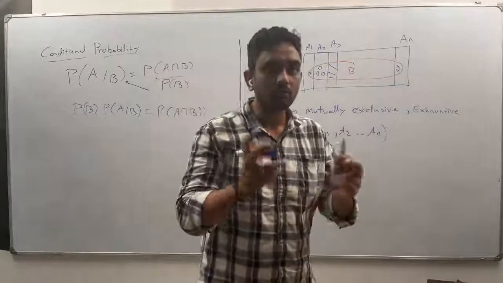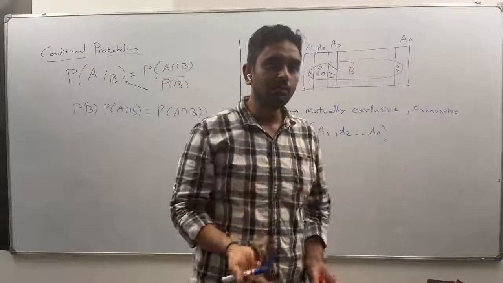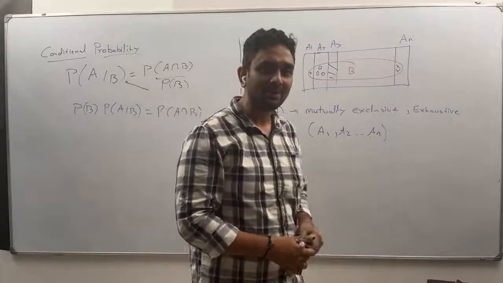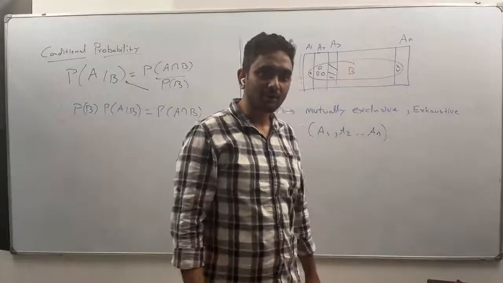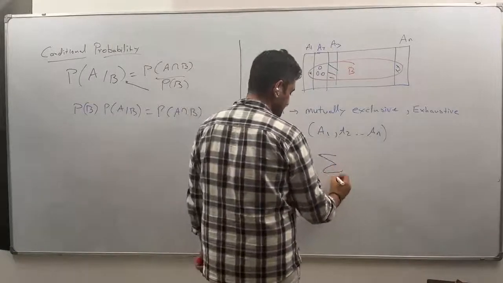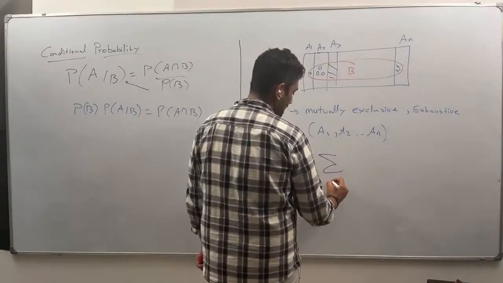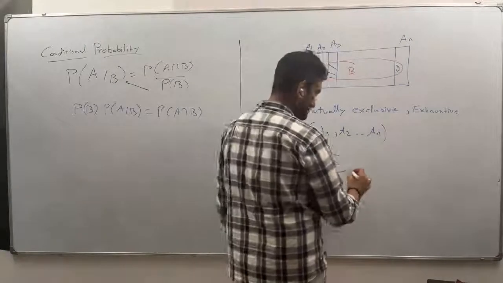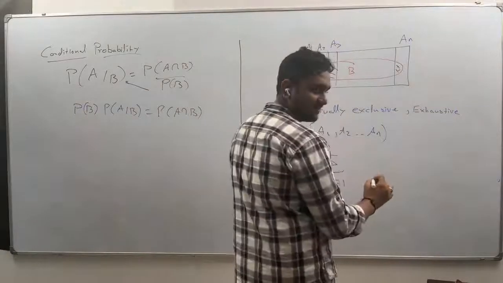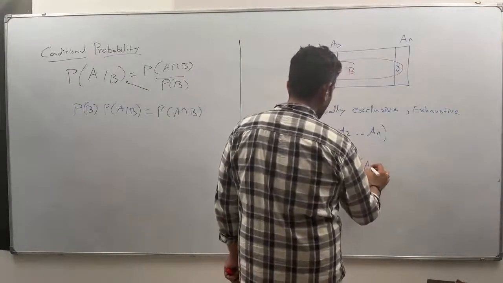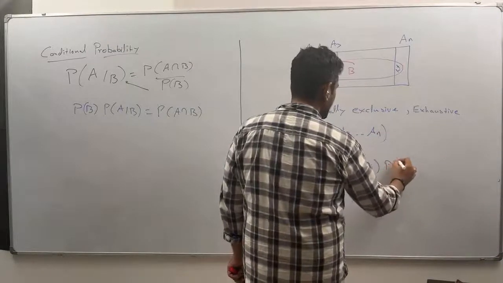What do you understand by total? Total is the sum of all. That's exactly what you're doing. Total probability of B will be the sum of all these small probabilities. We will write it as the summation of i goes from 1 to n, P of Ai into P of B given Ai.